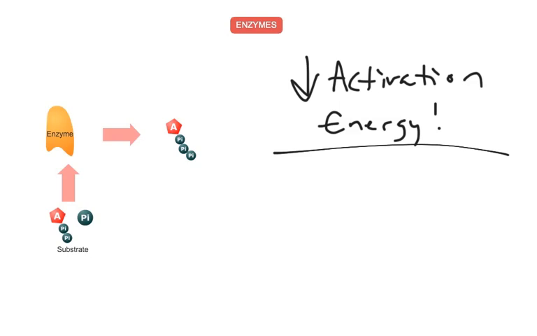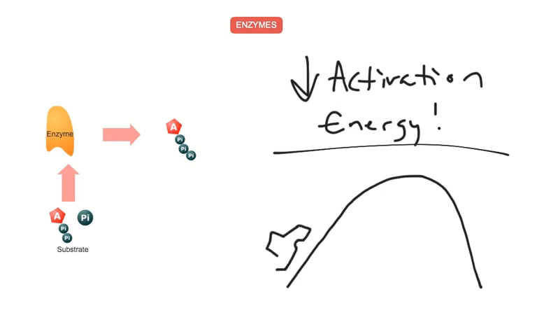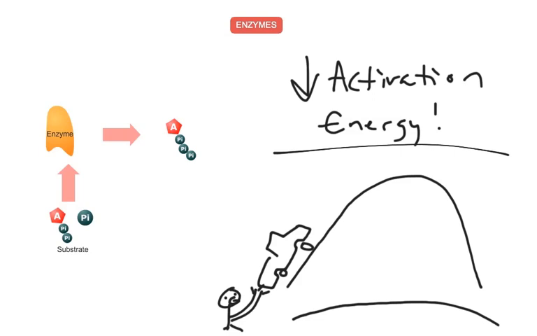Basically, it means instead of pushing a truck up a huge hill like this, which would take a lot of energy, what enzymes do is they allow you to just kind of drive it over a little hump like that. So, without, with.